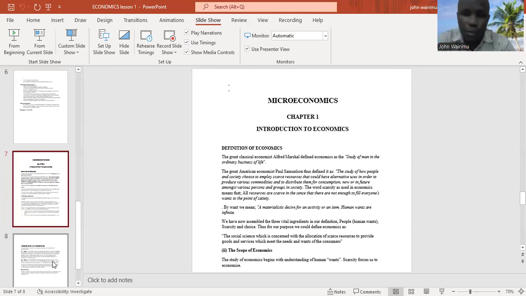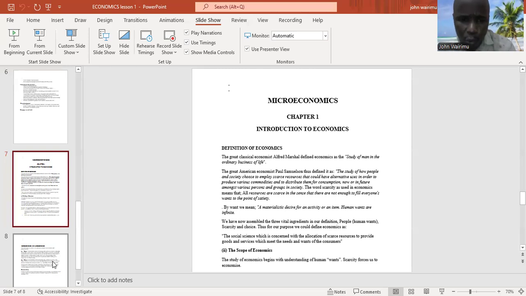Most, not even one. When you say you have achieved enough, it means there is nothing else you want. It's rare. Very few people reach that stage. So if you're referring to a want, you're saying it is a materialistic desire for an activity or an item.